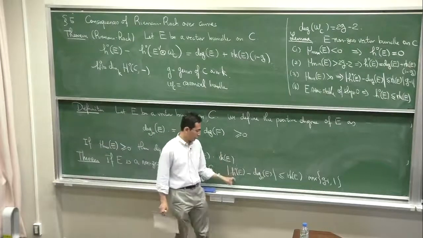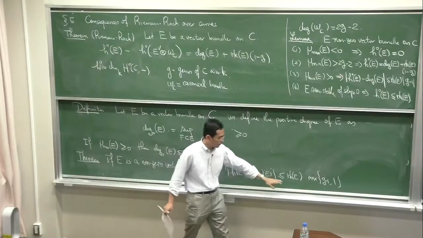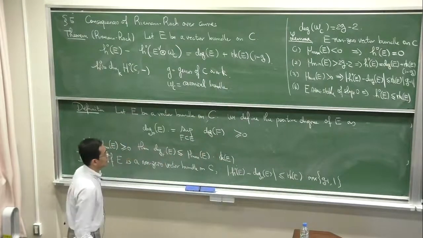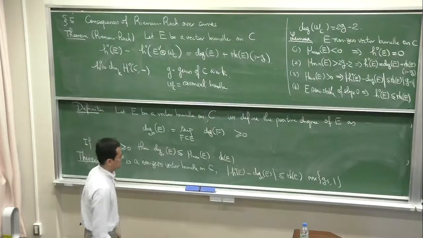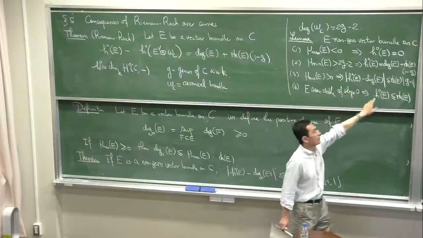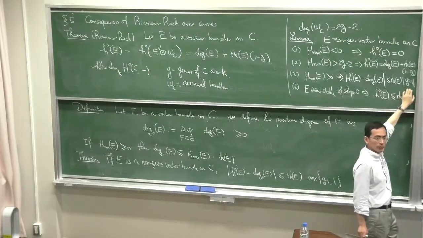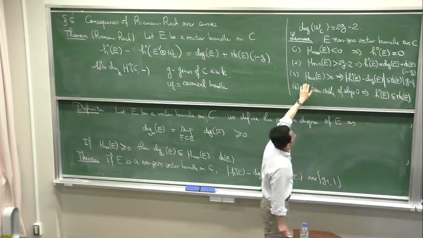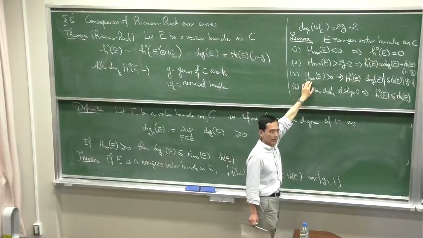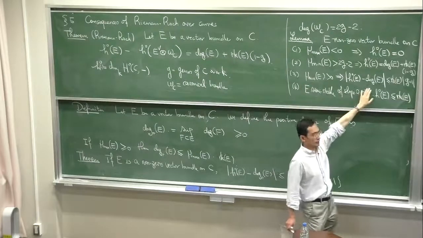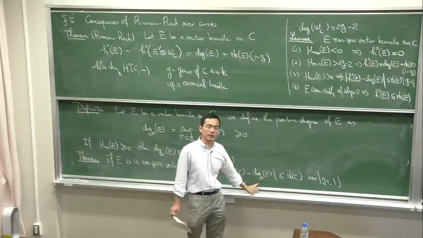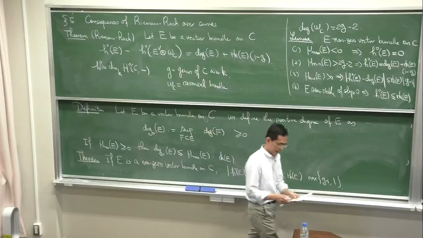So you can control the difference between H0 and the degree by the rank of E times this constant. It is quite similar to this estimate, except that I changed the constant a little bit. But here you have an extra condition that mu min is positive. In this case, you have the equality between the degree of E and the degree plus of E. I will explain it a little bit later.